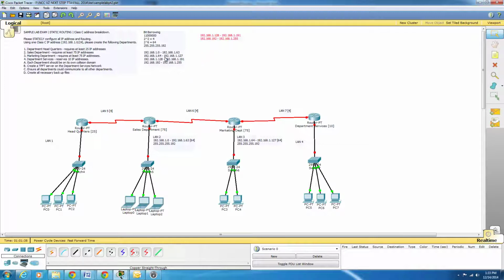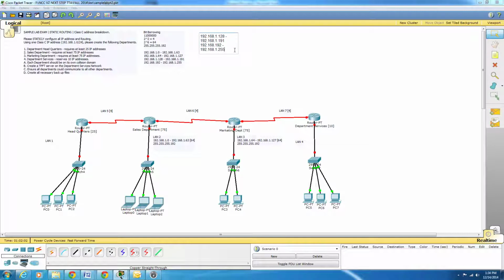So remember our bit borrowing. If we want to borrow to 32, then instead of 2 to the 0, we need 2 to the 5, and then we'll have to borrow 3 bits. Does that make sense? So let's go through that over here.